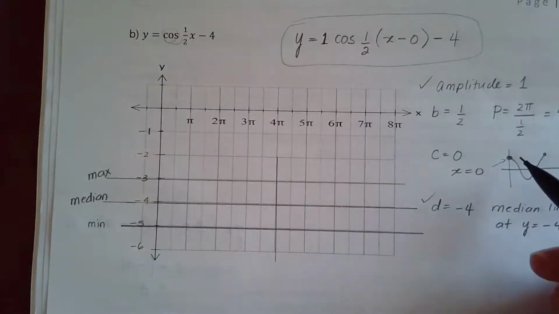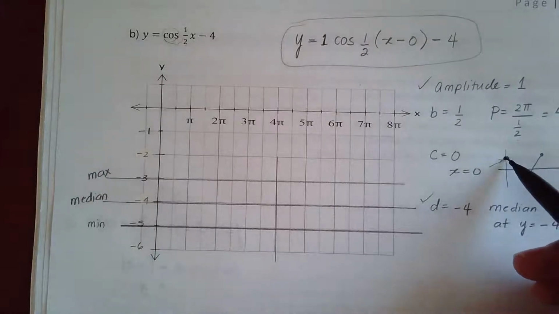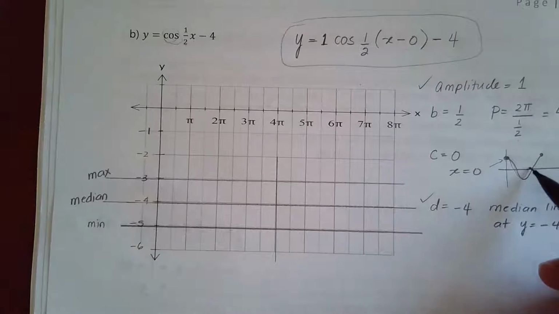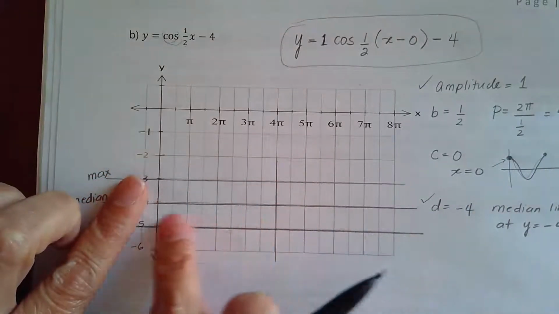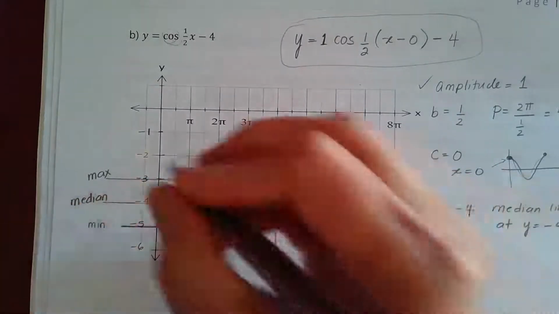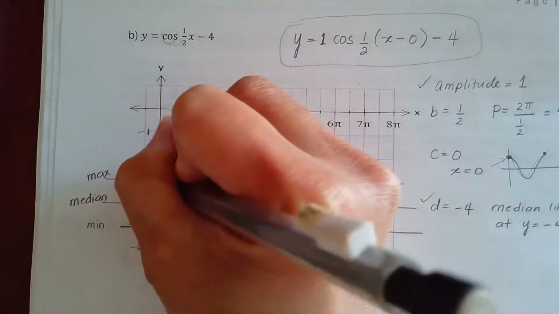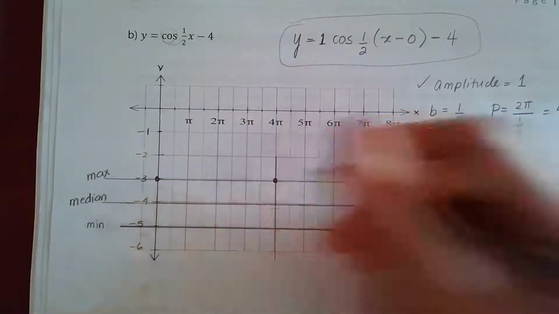Now, when we look at this in terms of cosine, we start with the maximum and then end with a maximum. So within this rectangle over here, that's where our graph is going to be. We're going to start with a maximum and end with a maximum.